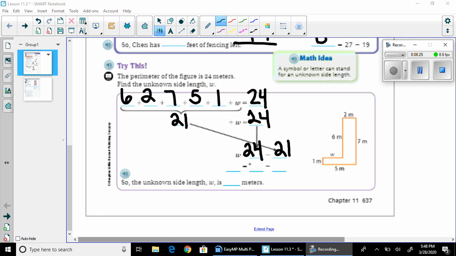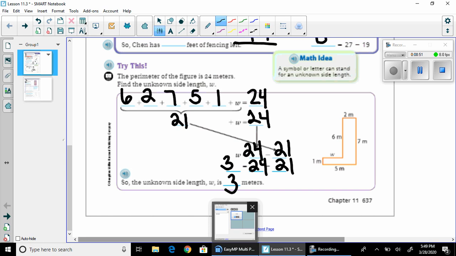Okay, so if you were to subtract them, they wrote our equation backwards here. So it would be 24 minus 21, which is 3. Okay, so then our unknown length, or unknown side, would be 3 meters.